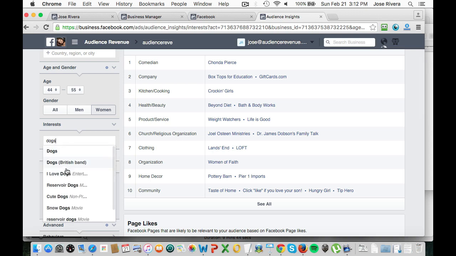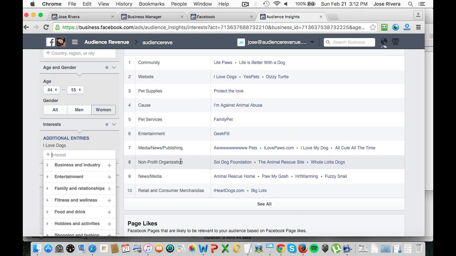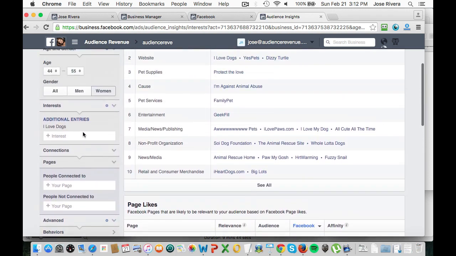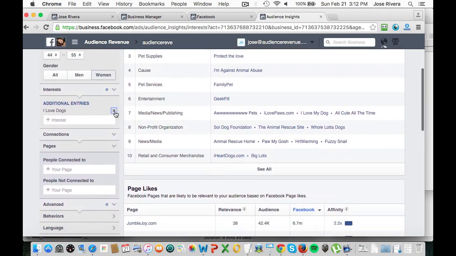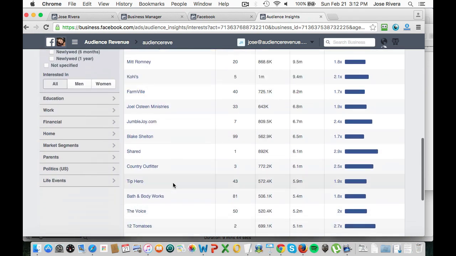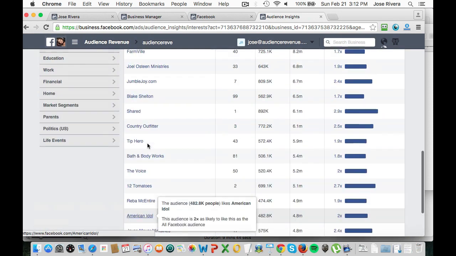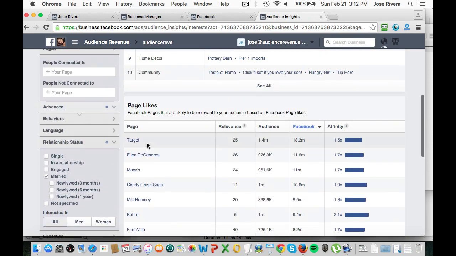Okay, I love dogs, right? So I can now go ahead and create an ad that says, attention Target shoppers, are you a dog lover? Right? Create really relevant ads. Kohl's as well, Bath and Body Works. This is where the majority of the audience hangs out, right?